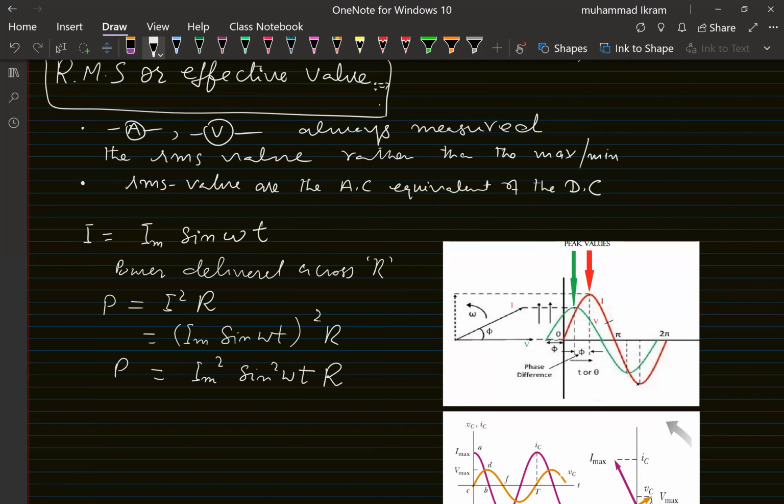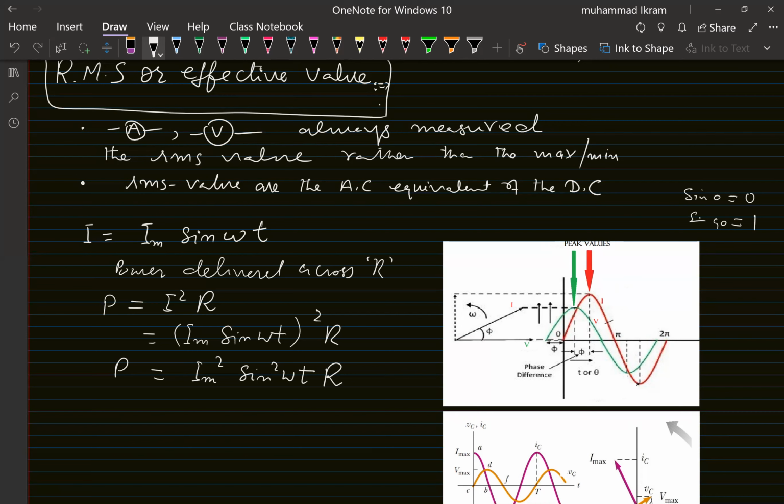Now, because the current is squared, power is always positive. The value of sine square omega t varies between what? You know the sine of 0 is 0, and the sine of 90 degrees is 1.